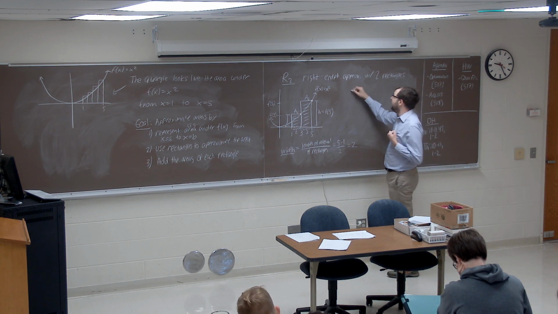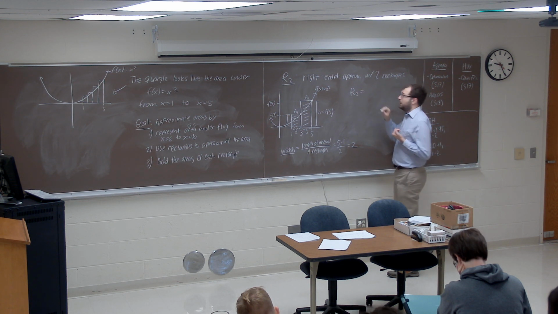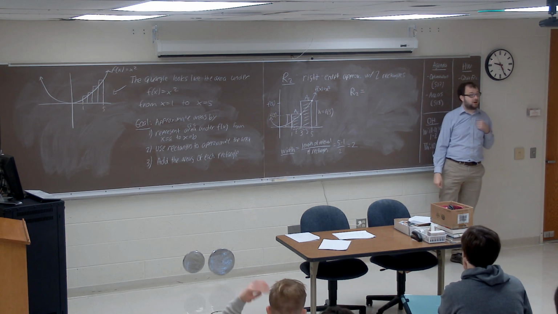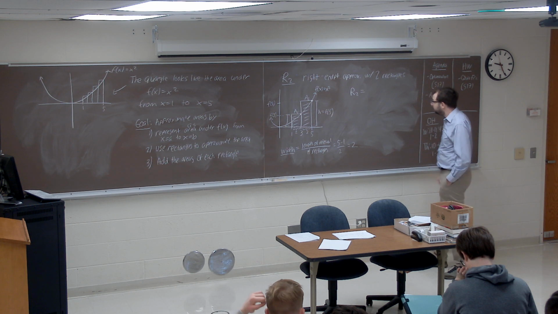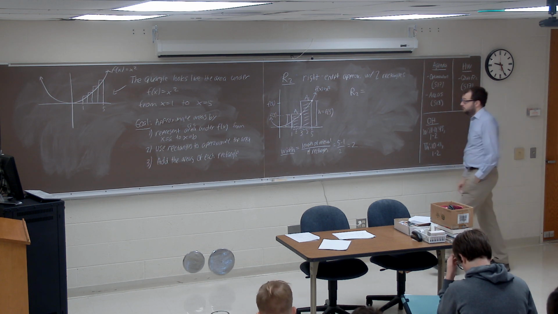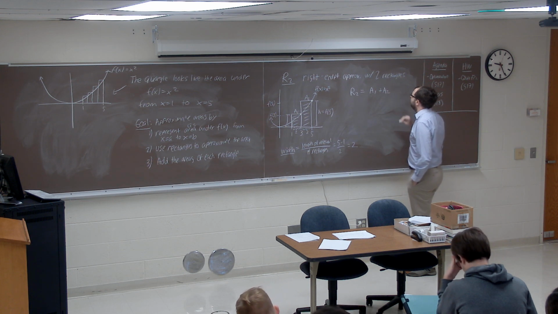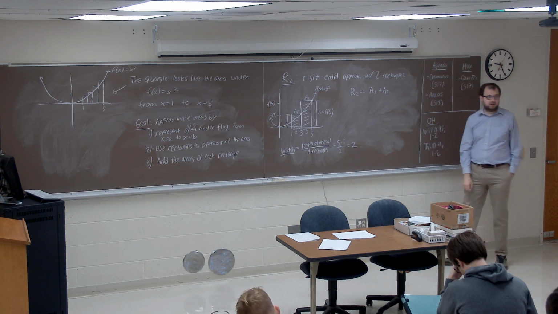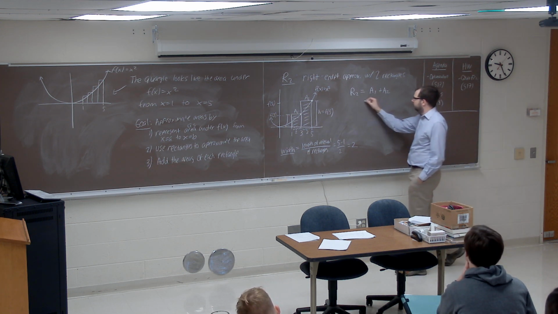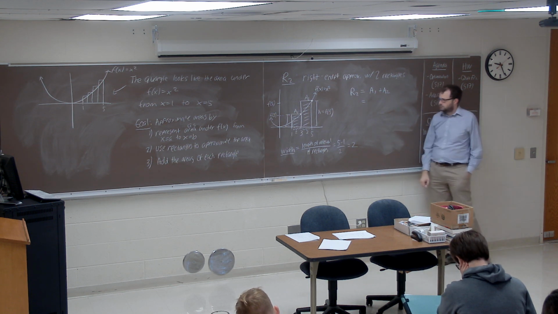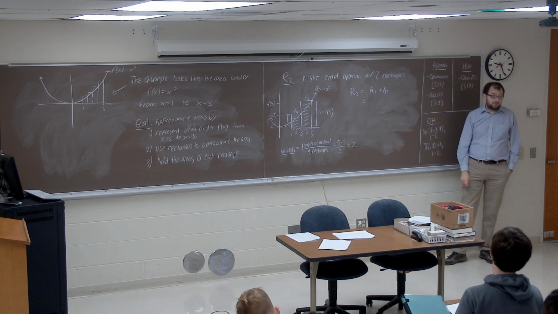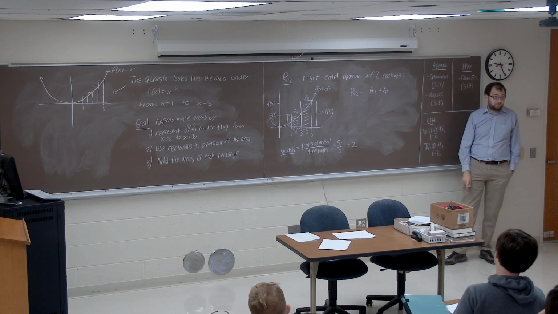So if we want to find our good old approximation for our dear friend R2, we would take the area of the first rectangle plus the area of the second rectangle. How do we find the area of the first rectangle?